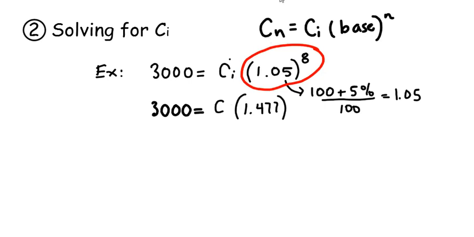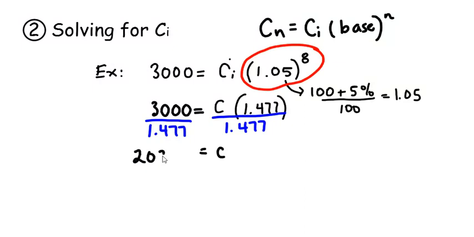What do we do? We divide both sides by the coefficient of the unknown, and we solve for C. $2,031.14. So that's basically this type of problem.